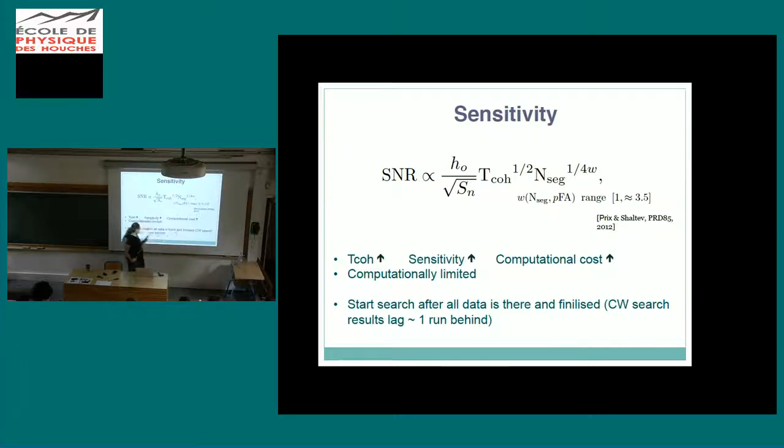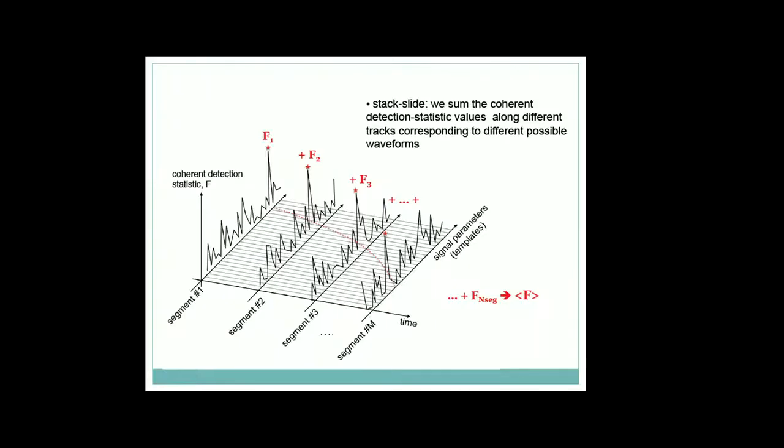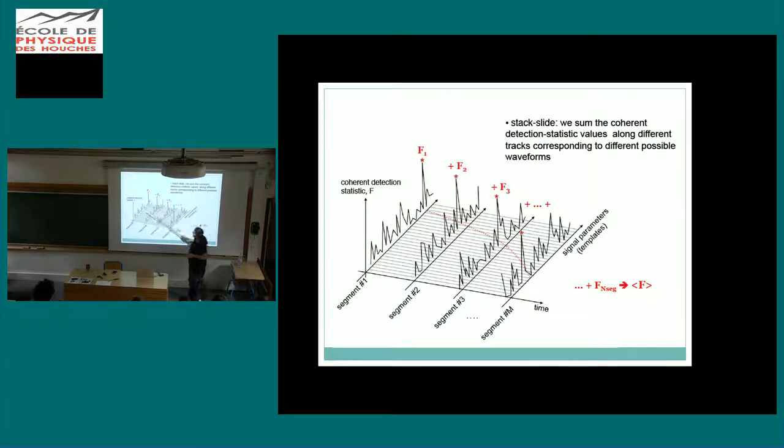Another thing I would like to point out here is that in order to do a search of this type, we typically have to wait until all the data is there. This is because we have to combine over many, many templates all these searches over the entire data set.